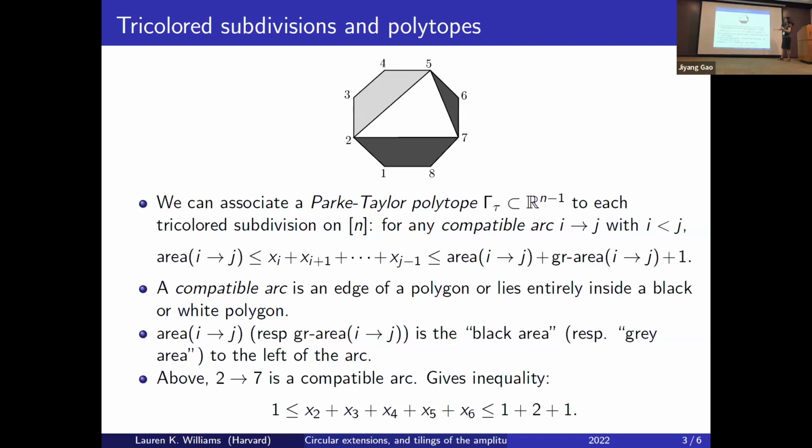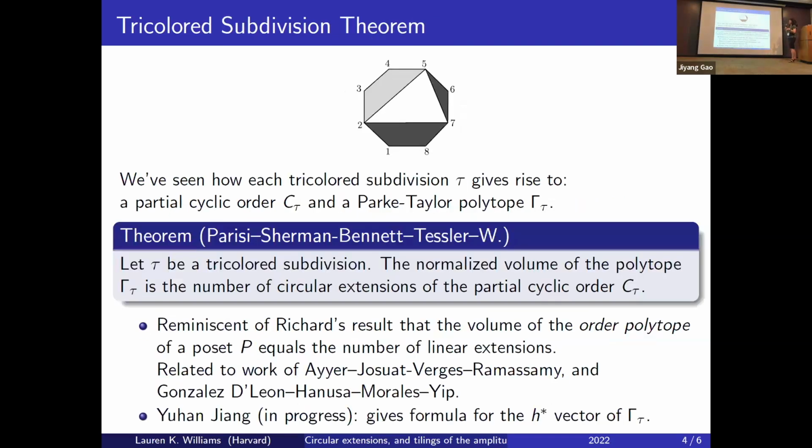The lower and upper bounds are related to how much black stuff you see to the left of your arc i to j, and also how much black and gray stuff you see to the left of the arc. So in this example, 2 to 7 is a compatible arc because it bounds the polygon, and it gives the inequality down at the bottom.